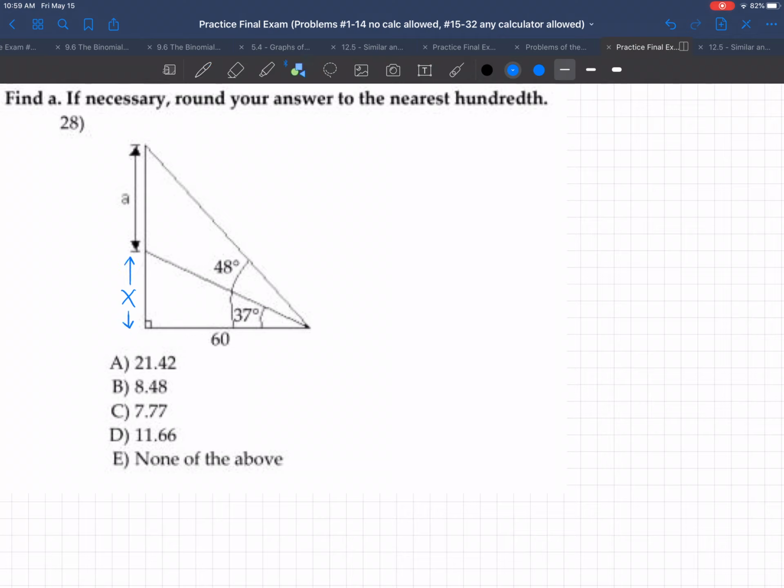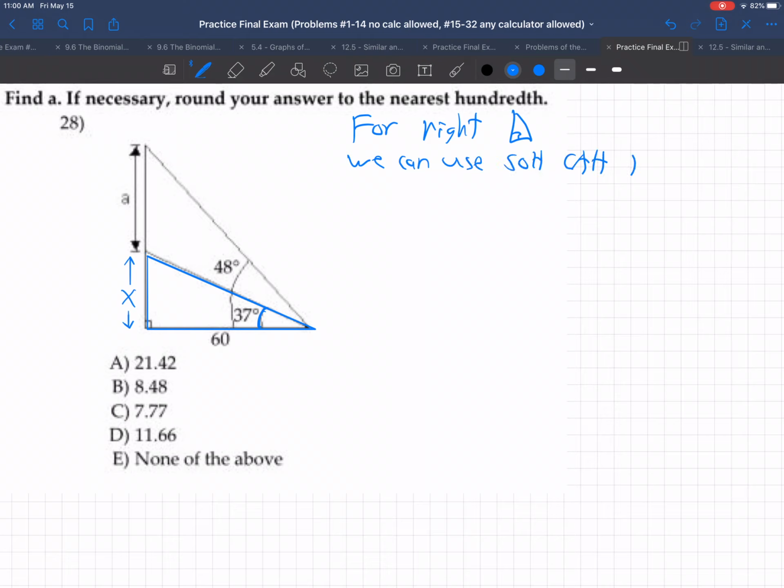right there. And we can do that using this triangle right here. See this smaller triangle? That has the 37-degree angle in it. So for that little right triangle, we can use SOHCAHTOA.